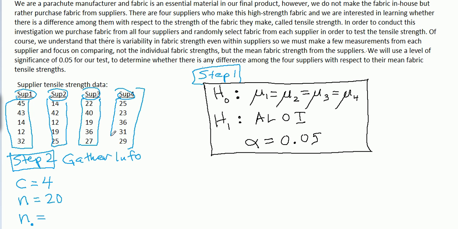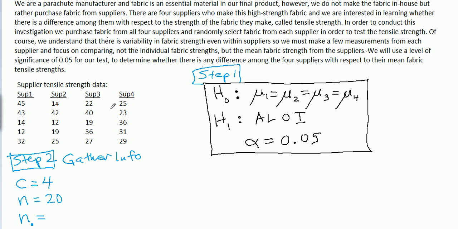So count any one of them, all of them should be the same. That's why it's called a balanced design. The examples we're going to do are going to be balanced, and the formulas that are forthcoming, for example in step 3, are going to be a lot simpler because this is a balanced experiment.